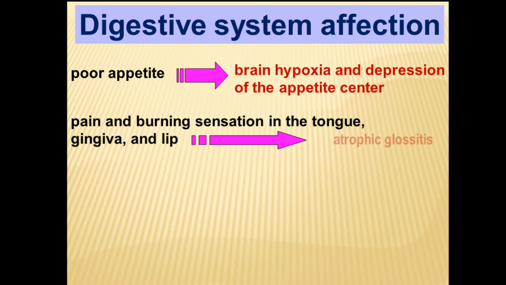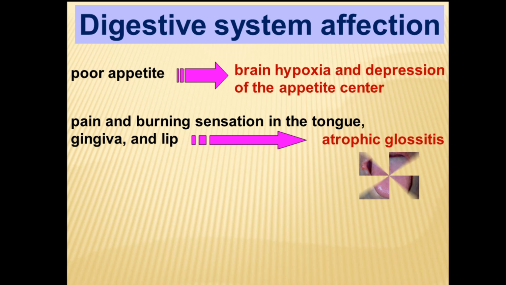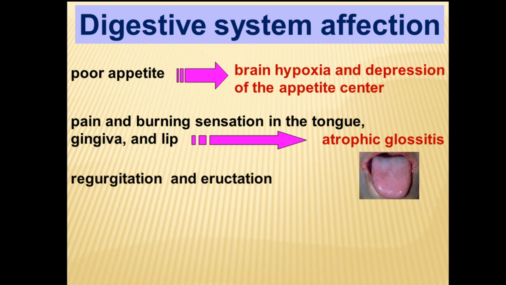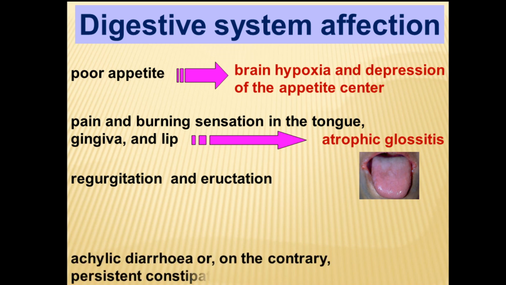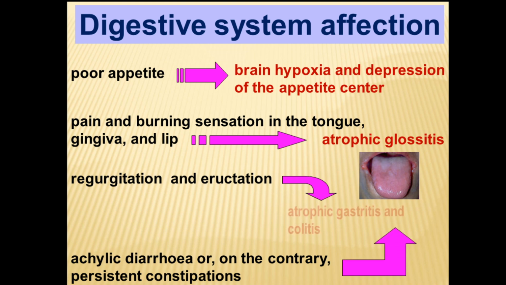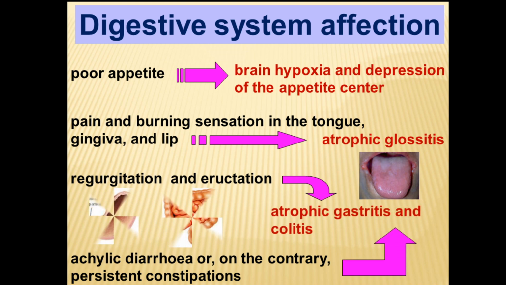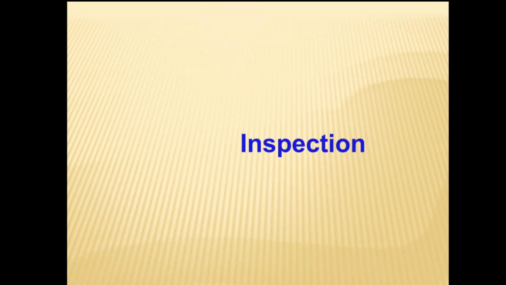The patient feels pain and burning sensation in the tongue and lips due to formation of atrophic glossitis, which is more pronounced than in a patient with iron deficiency anemia. The patient feels regurgitation, irritation, and discomfort after eating, accompanied by diarrhea, sometimes constipation, because of the atrophic process in the stomach and intestine. We are talking about atrophic gastritis and colitis.